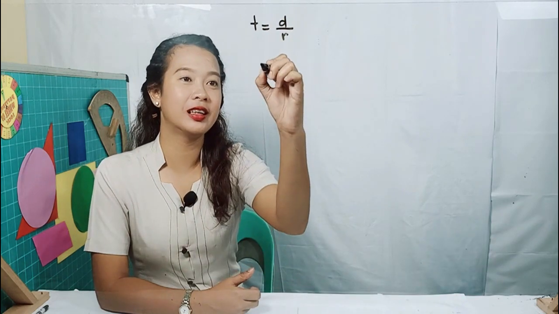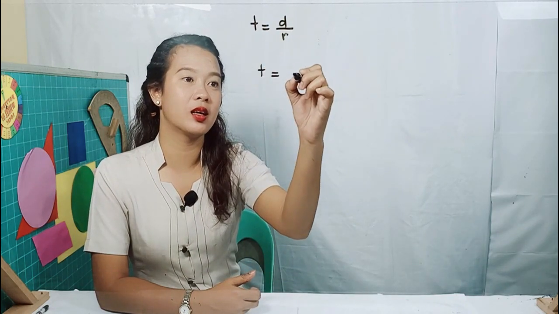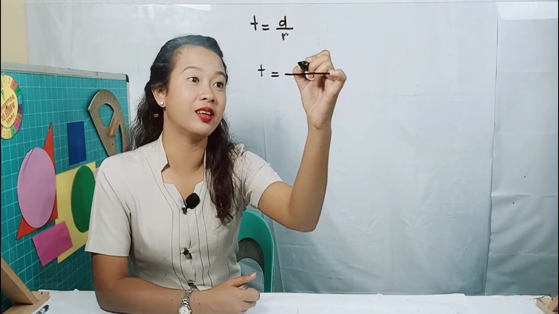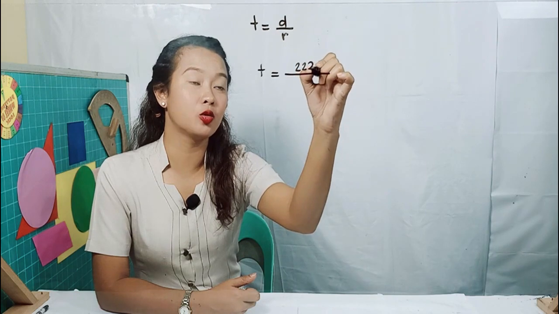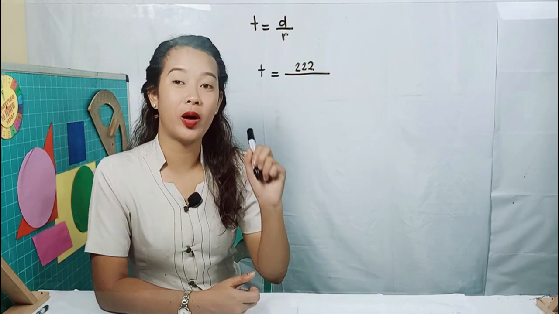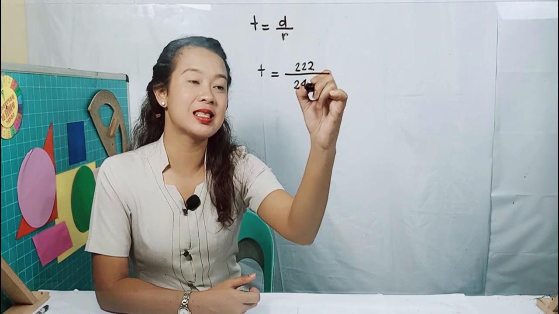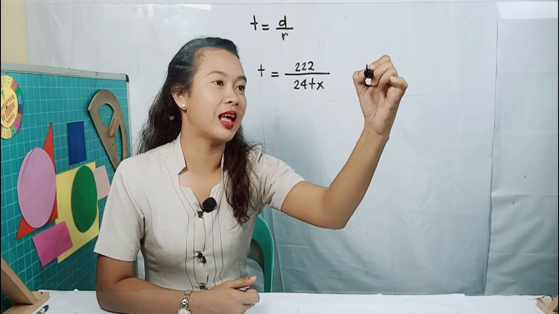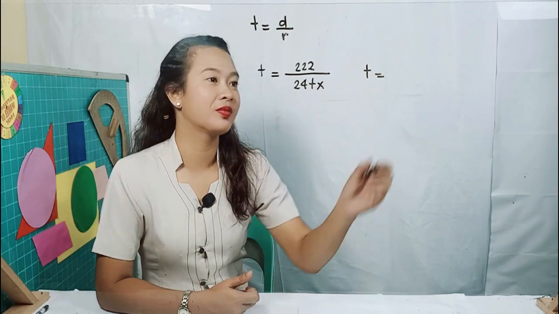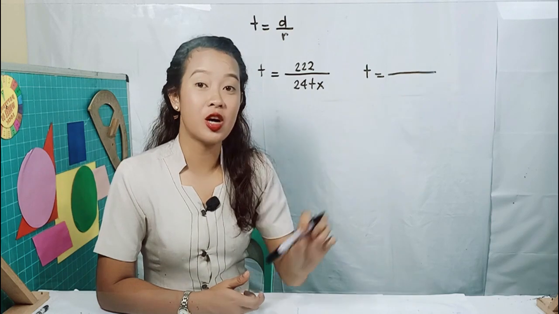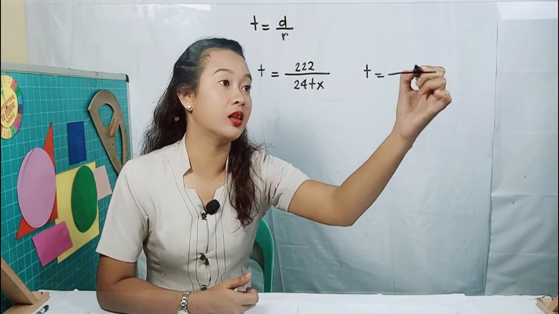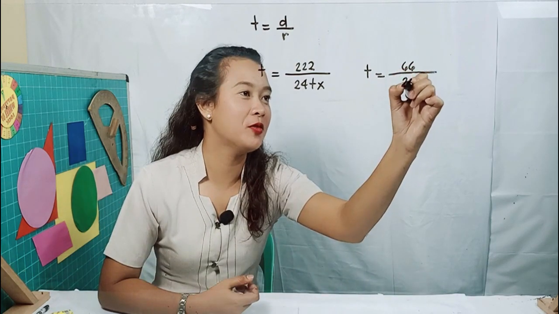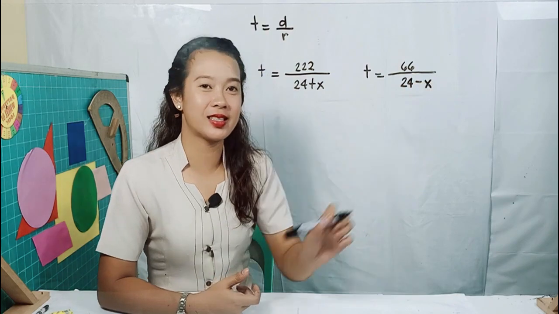The function t equals the distance of the ferry traveling along with the current is 222 and its rate is 24 plus x, and the time equals the distance of the ferry traveling against the current is 66 and its rate is 24 minus x.